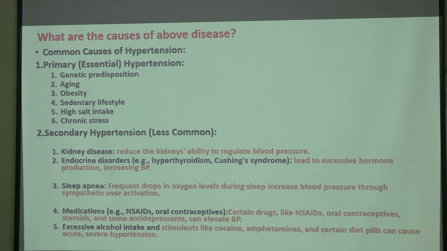Hypersecretion of those endocrine hormones leads to the development of some endocrine disorders, and these endocrine disorders lead to excessive hormone production, and this excessive hormone production helps in the increase of blood pressure, right?